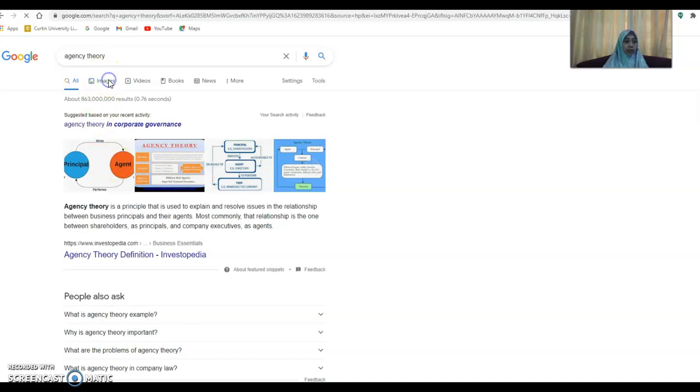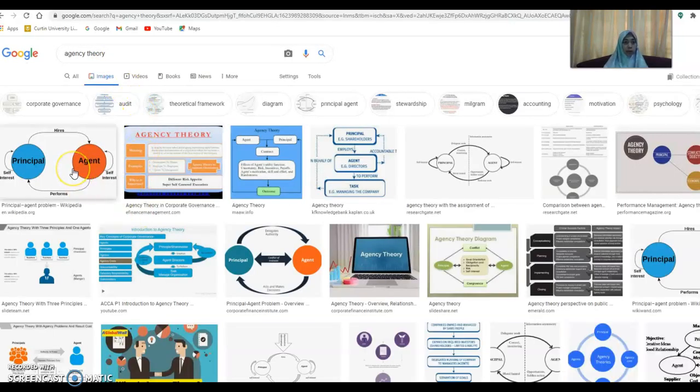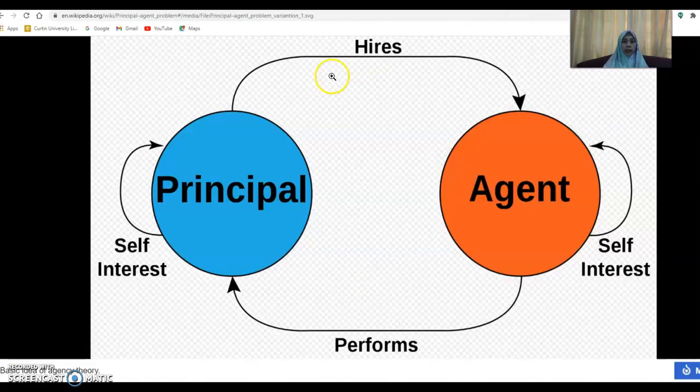So just go for any images just to show to you. So we go into this one, the principal and agent. Basically you have the principal. The principal is the shareholders or the owners. The owners also have their own self-interest. So they hire the agent as the board of directors, the management, the company's executives.